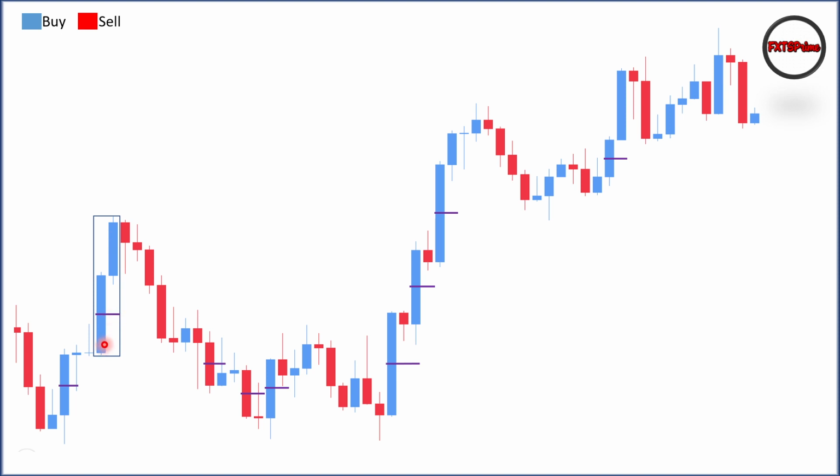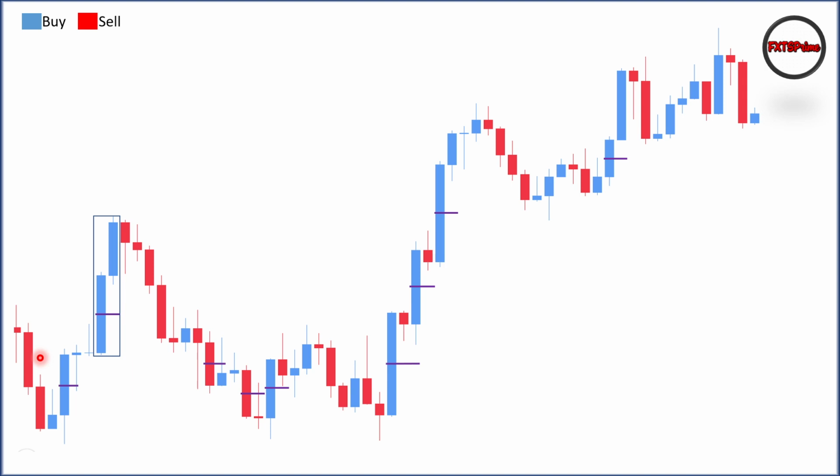If I have two candles which do not overlap each other by 50%, that means it's a strong movement. In this case, because it's blue, it's a strong movement in the buy direction. However, if I have the vice versa, like these two, this candle does not cross the 50% of the previous candle, that means a strong sell.